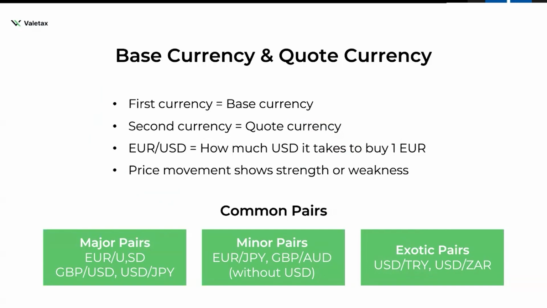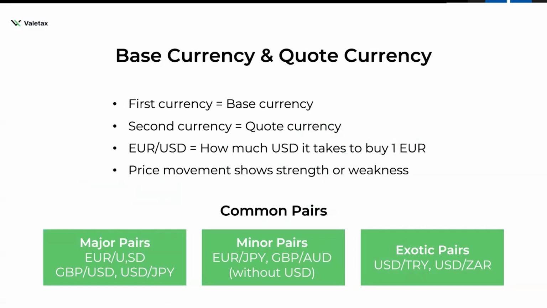Now, there are different types of currency pairs. We have major pairs, minor pairs, and exotic pairs. For the major pairs, we're looking at currencies of major countries that have a huge amount of influence in the financial markets, like the Euro USD, the GBP USD, USD JPY.